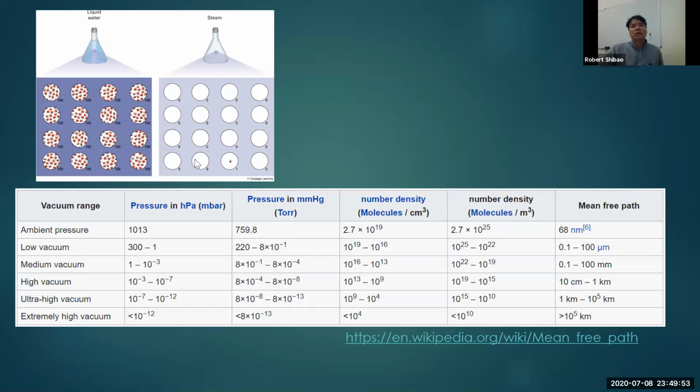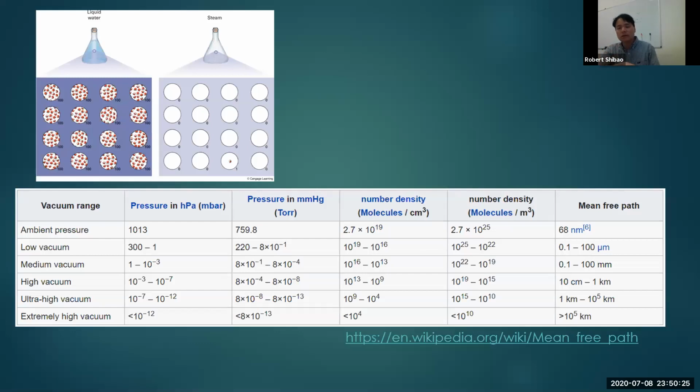That's an illustration. Another way of thinking about this is to think in terms of the mean free path and the collision frequency. The mean free path is the average or the mean length or distance a molecule can travel before it hits something. At around ambient pressure, a particle can travel 68 nanometers.